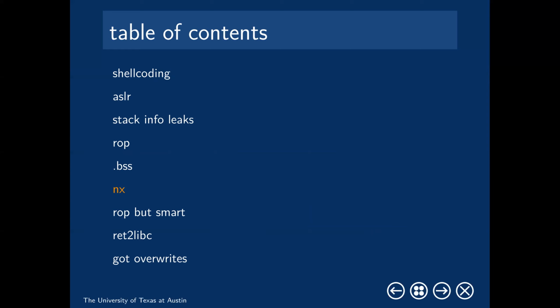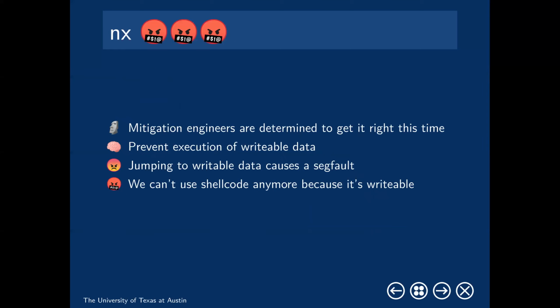With .bss, we run into more issues. Mitigation engineers are pretty mad by this point. They didn't expect to be completely destroyed by this random segment in the binary that nobody ever talks about. So they go back to the drawing board and say, okay, to get rid of shellcoding, we're just going to prevent binaries from executing writable data.